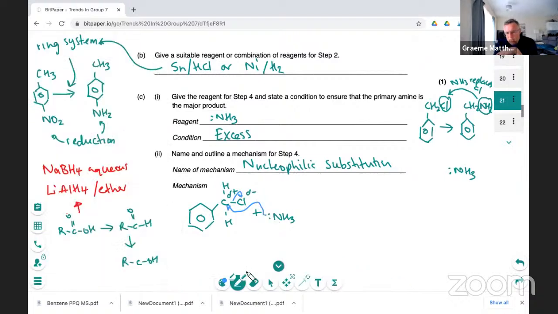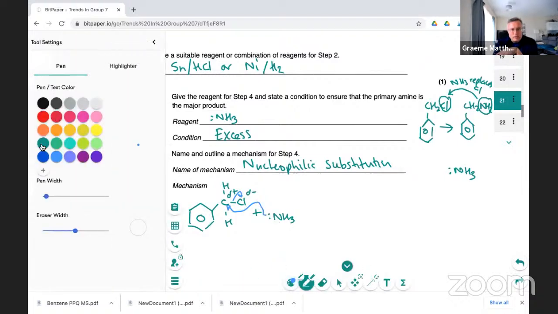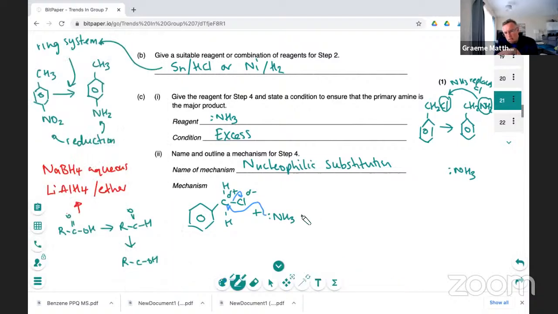And the reason I did that is because I want to draw my arrow in, because when you do that, I'm going to get this. So I can get my carbon like this, and then here's my nitrogen like this, and I've got 1, 2, 3 hydrogens coming off it.